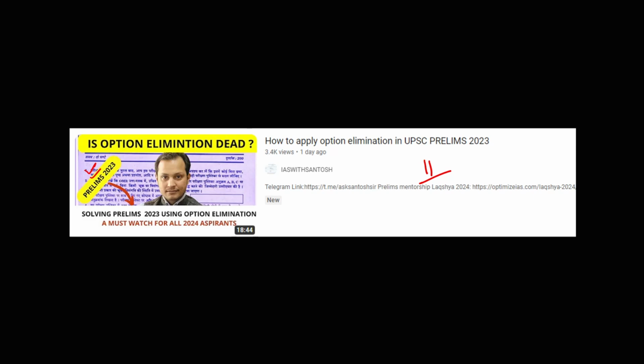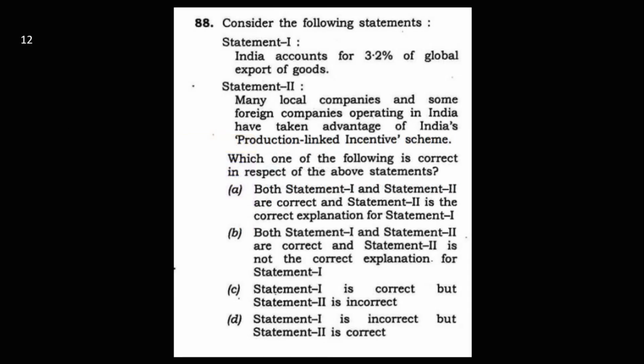Let us start. So guys, you can see this question number 12. Consider the following statements. Statement 1: India accounts for 3.2% of the global exports of goods. Statement 2 says many local companies and foreign companies operating in India have taken advantage of India's production linked incentive.